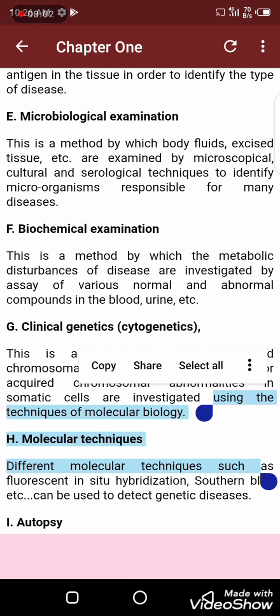So in biochemical examination, this is a method by which the metabolic disturbances of a disease are investigated by an assay of various normal and abnormal compounds in the blood and urine.